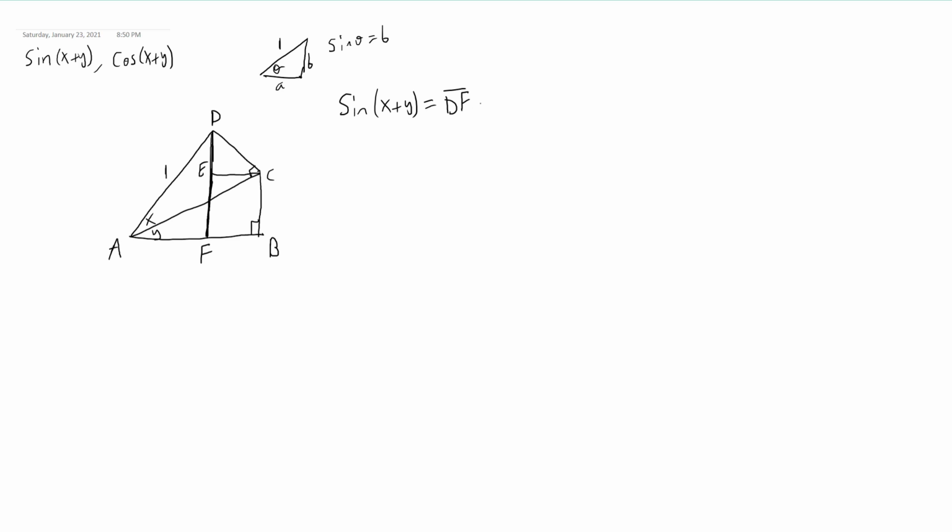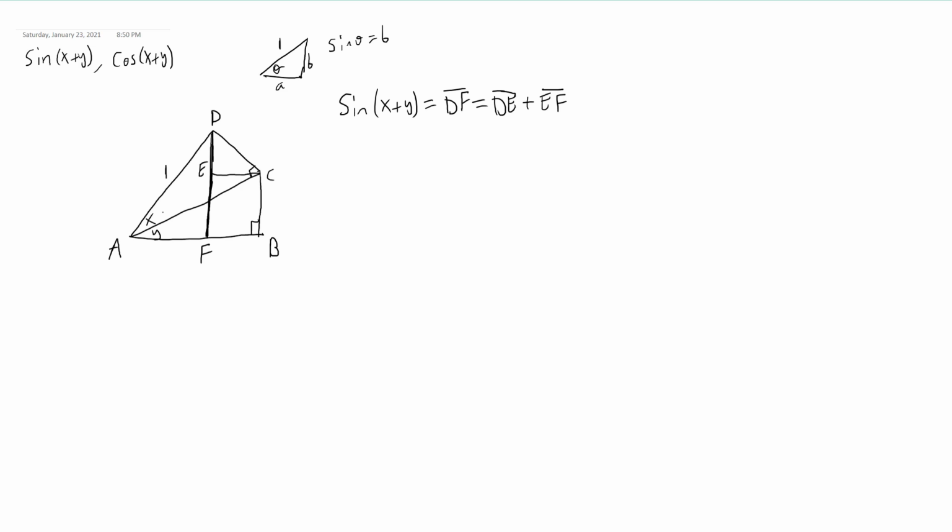But DF is made up of two smaller segments, and they are DE and EF. So we're going to try to get the lengths of these segments in terms of x and y. And so the first thing we want to look at is what can we get? Well, let's look at our x triangle first.